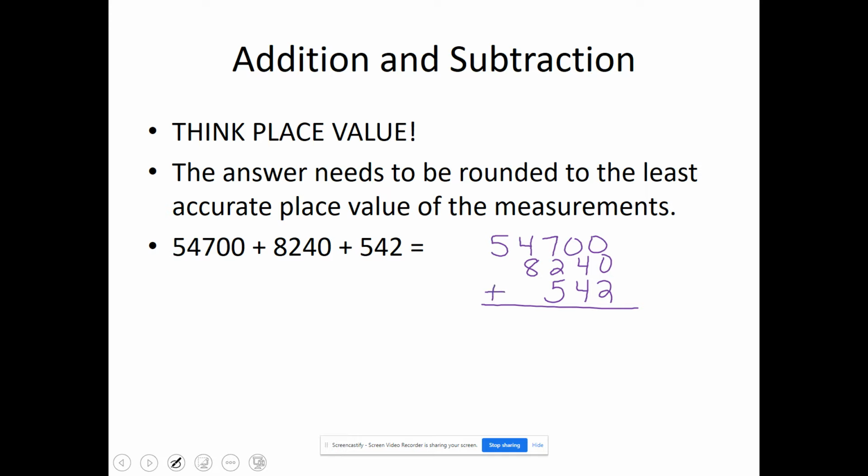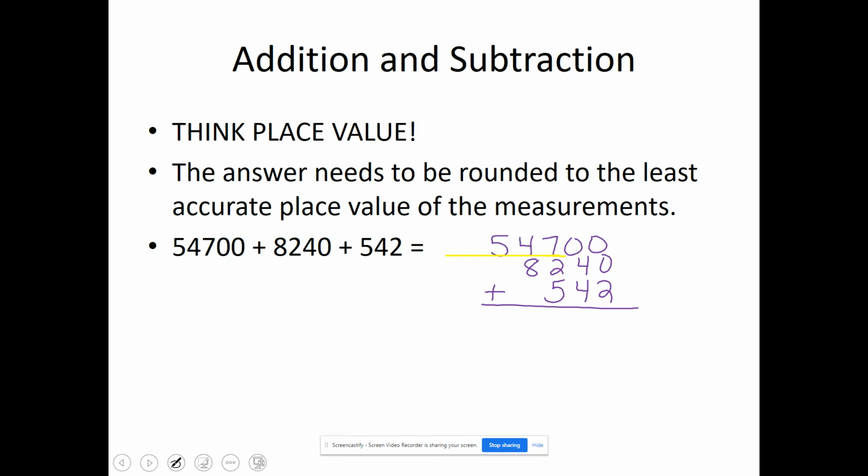So if we are adding these 3 numbers, we look and see which one is the least accurate number. So our first one is accurate to the nearest hundreds. Oh, I don't know why I put a big line across, but that's okay.